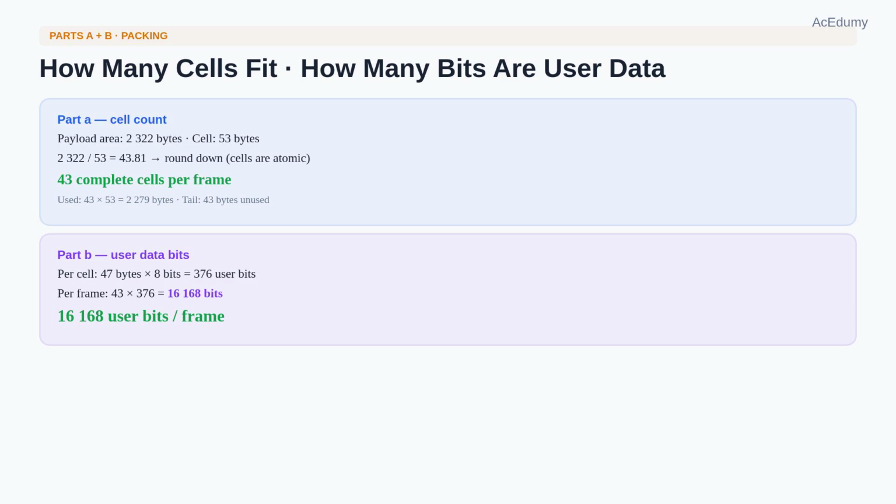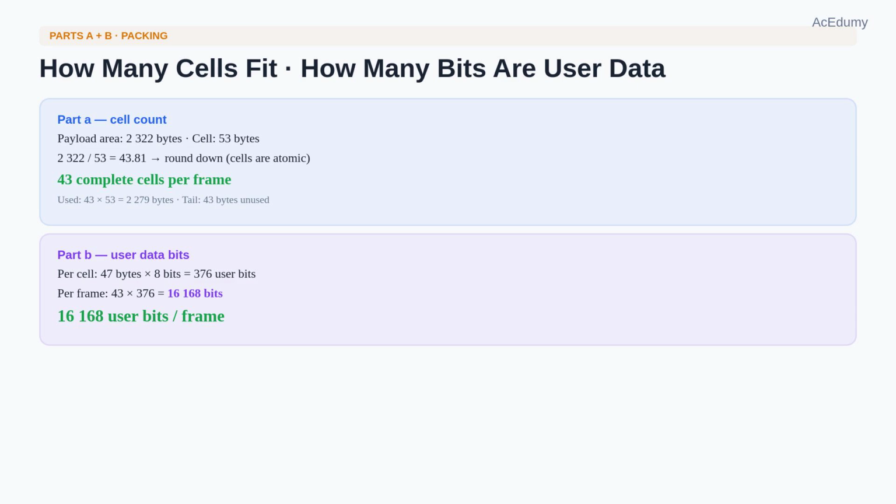SDH allows cells to span 2 consecutive rows of the payload, so we just round down to the integer that fits. 43 complete cells per frame. Total bytes occupied. 43 times 53 equals 2,279 bytes. The remaining 43 bytes of the payload sit unused, waiting for the next frame to start a new cell.